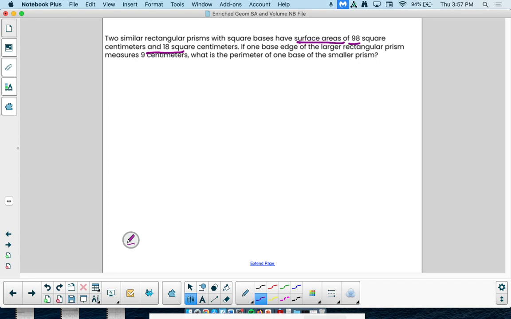So let's start with the ratio of our areas, the surface areas. I like to always put the small one on top, so it's easier for me to reduce. So 18 over 98. That reduces to what, you guys? 9 over 49. Now we're looking for the perimeter of the smaller prism, right?